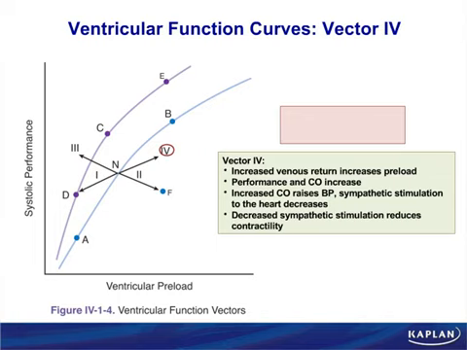If there were no change in contractility, then we would move from the initial point to B. But we didn't. We're now at a point below B, but we still have elevated performance because of elevated preload. So, once again, this is an increased preload causing an increase in performance with a reflex decrease in sympathetic outflow.